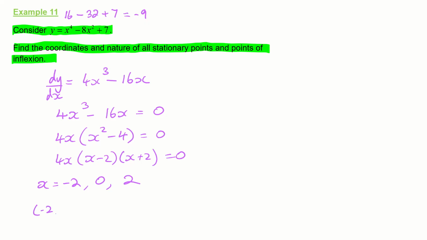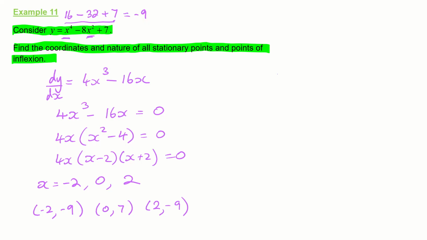So we've got negative 2, negative 9. If x is 0, then we would just get 7, so we'll have 0, 7. And if x is 2, it's going to be the same sort of thing as up here, because this is an x to the 4 and an x squared, and so we'll have 2, negative 9.